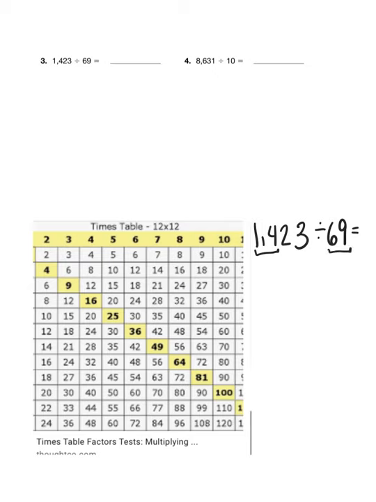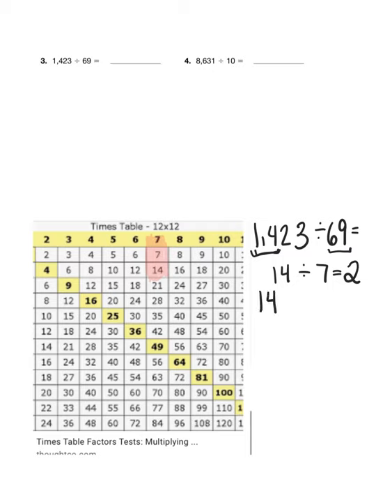Instead, think about, okay, let's focus on 14 divided by 7, because 69 is close to 70. And I know that 14 and 7 are part of the same fact family, right? 2 groups of 7 will get you to 14, which means that 14 divided by 7 is 2.